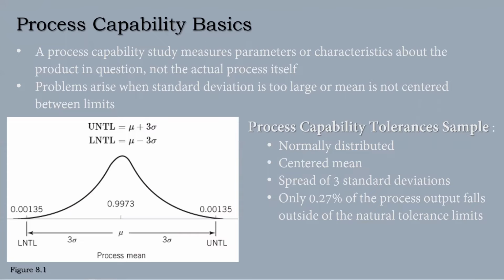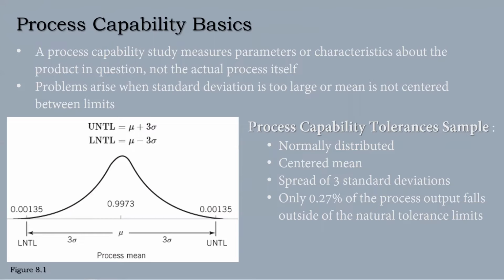We can analyze data using control charts. Problems arise in process capability studies when standard deviation is too large or the mean is not centered between the two limits. Here we can see a basic example to show how process capability is measured using a 6 sigma spread of the product quality characteristic.